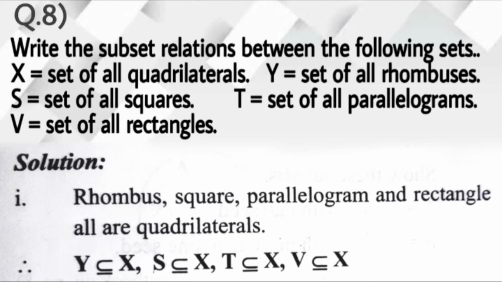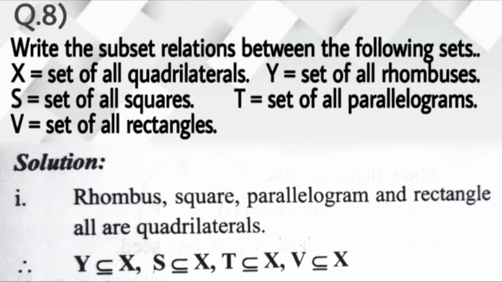Next, S is a subset of X because square is also one type of quadrilateral. Next, T is a subset of X. T means parallelogram, so parallelogram is also a quadrilateral. V is a subset of X. What is V? Rectangle. So rectangle is also a type of quadrilateral.